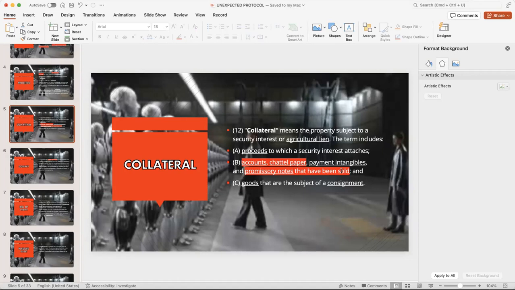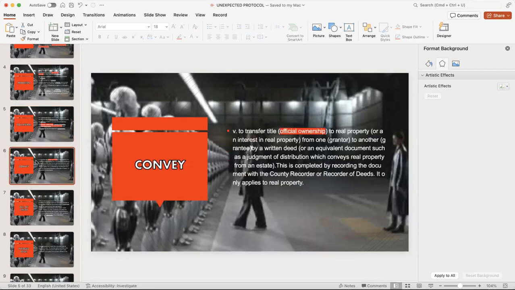They did tell you. So the fact that the promissory notes have been sold and they receive proceeds from it, and those proceeds were to be applied to our account as a credit. And it says, and goods that are the subject of a consignment. That makes a collateral.